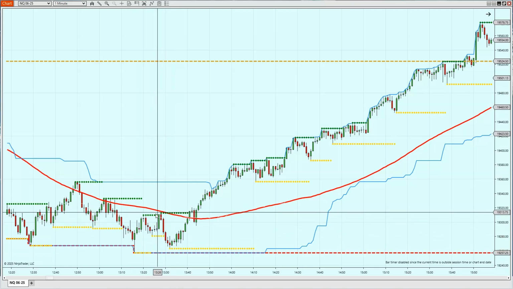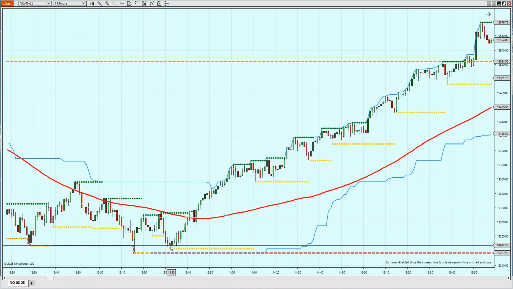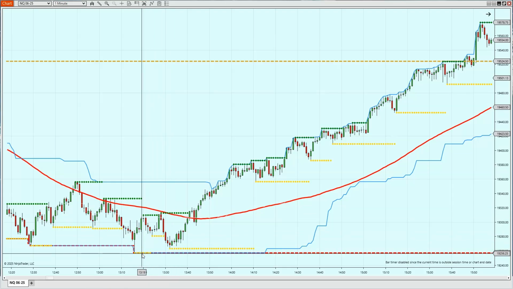So you broke this top right here, and you came down, and this top is higher than this top. This is a little mini micro. I don't even consider that. Look at the length of this.